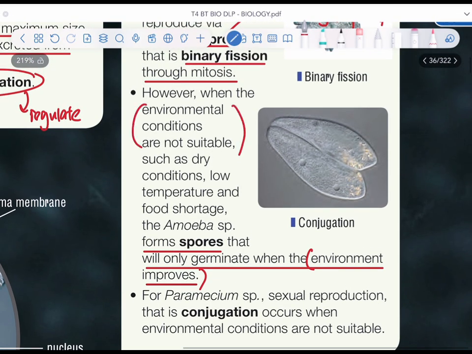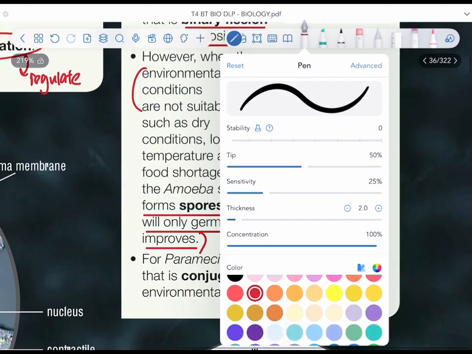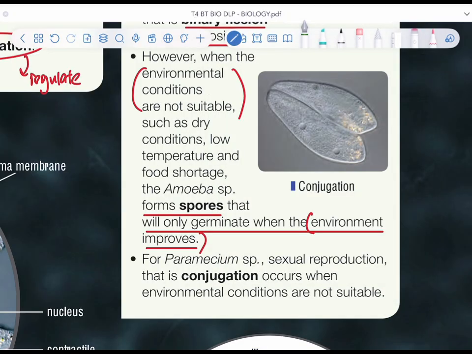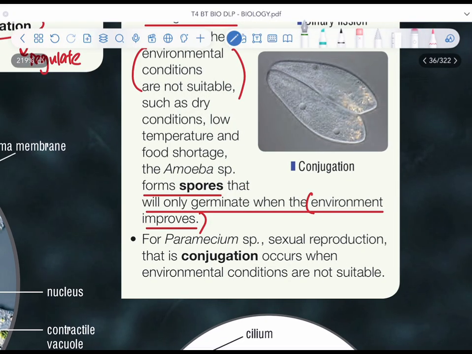Okay. Meanwhile, the Paramecium reproduces by sexual reproduction, unlike the amoeba species. But when the environmental conditions are not suitable, it will still reproduce by conjugation.